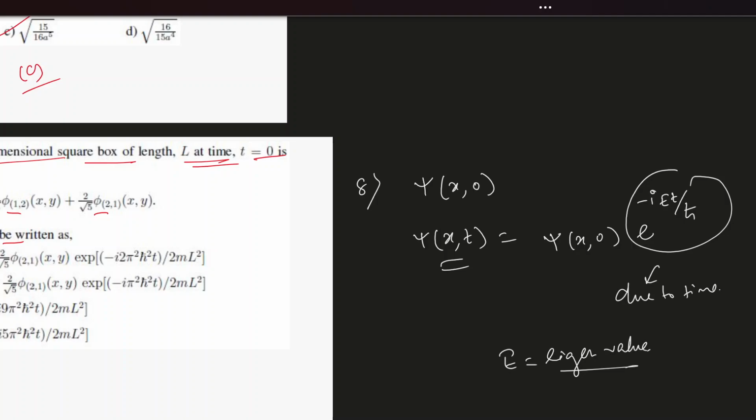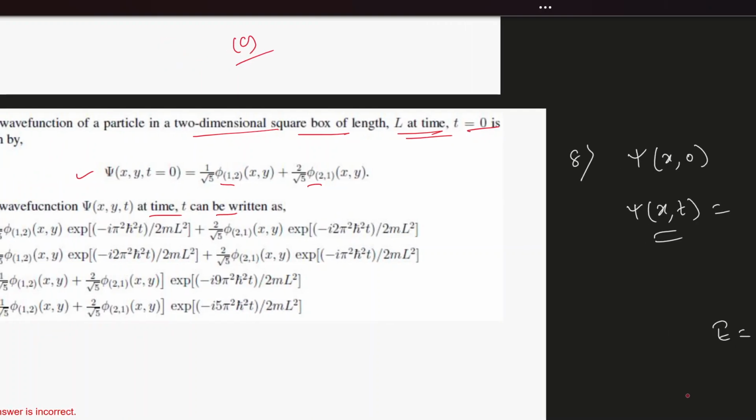Then En, because n squared is, as you remember, n1 squared plus n2 squared, equals n squared pi squared h cut squared by 2mL squared. So this is 5 pi squared h cut squared by 2mL squared.